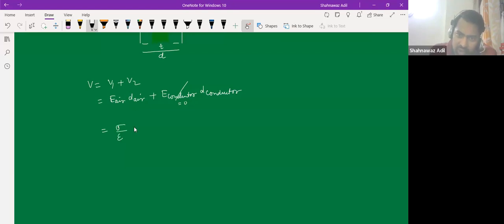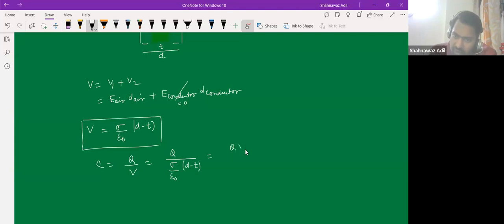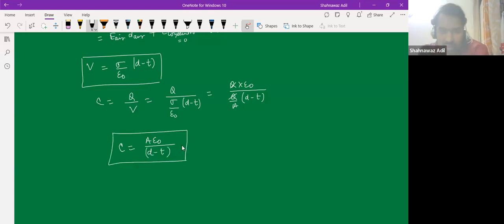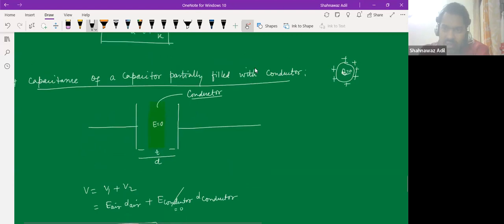Sigma by epsilon naught times D minus T. This is V. So capacitance is again Q by V, which is Q by sigma by epsilon naught times D minus T. Sigma is again Q by A, so Q will cancel, and capacitance would be A epsilon naught by D minus T. So this would be the capacitance of a capacitor partially filled with conductor, not with dielectric.